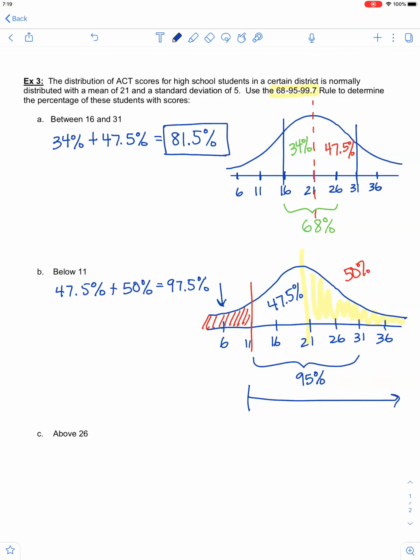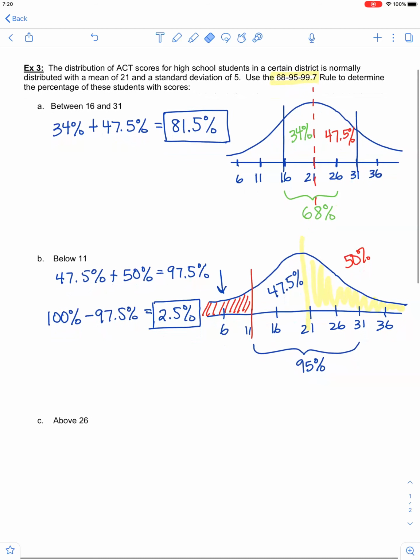So if we want below the score of 11, we would do the 100%, which is everything, minus the 97.5%. So 2.5% of the scores are going to be below that score of 11. Again, that's not the only way you could do this, but that is one way of getting that value.